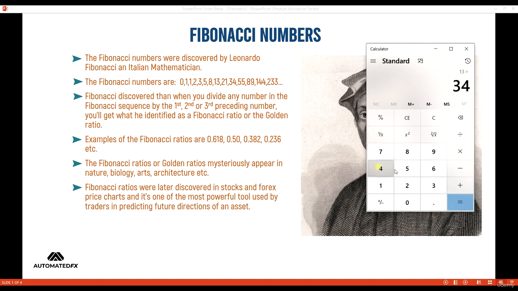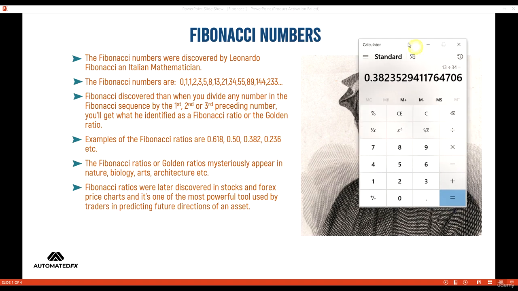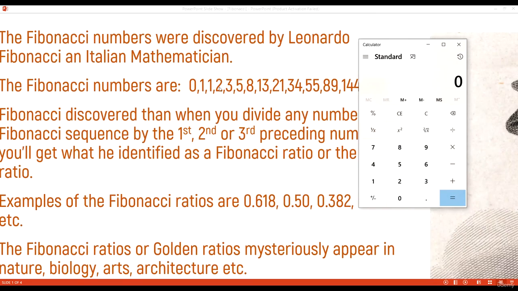We then get 0.38. It turns out that these numbers 0.618, 0.38, even 0.5, 0.236 are what we call Fibonacci ratios, or the golden ratios.